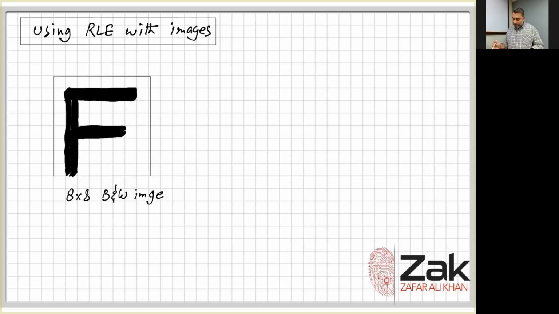So if we convert it, first let's discuss that the letter F here is a grid where each square requires 1 byte of storage. A white square here has a value of 1, and a black square over here has a value of 0.